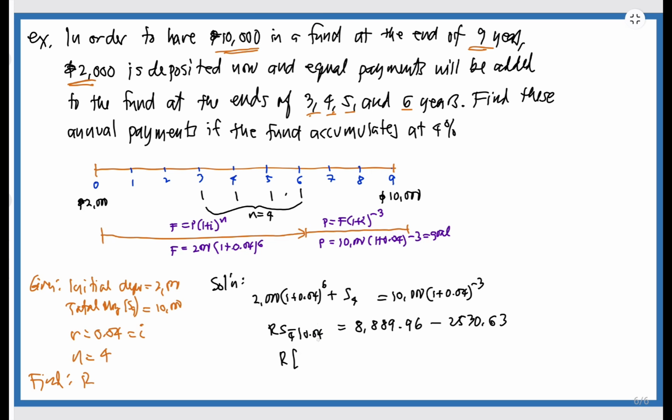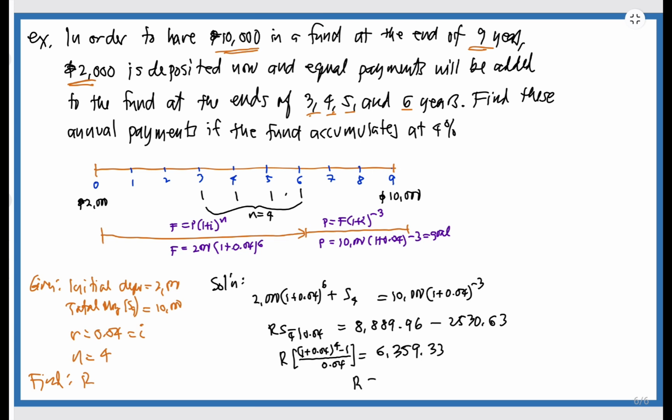Okay, so we have R times, what is S? 1 plus 0.04 to the N minus 1 over 0.04 equals, how much is this? It's 6,359.33.